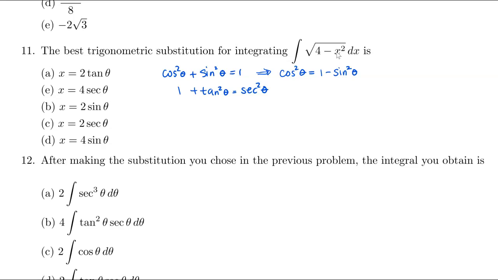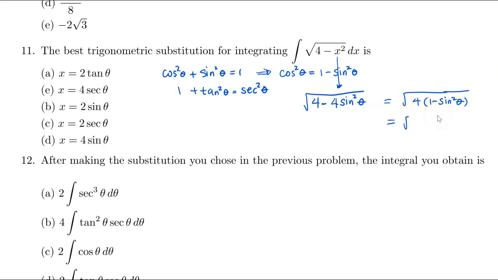So what you want is actually that x there, you want a 4 sine squared theta, so that you can actually factor out that 4. If you factor out the 4, you will have 1 minus sine squared theta. Then you're able to cancel the square root.